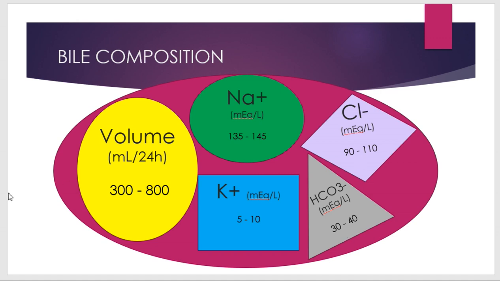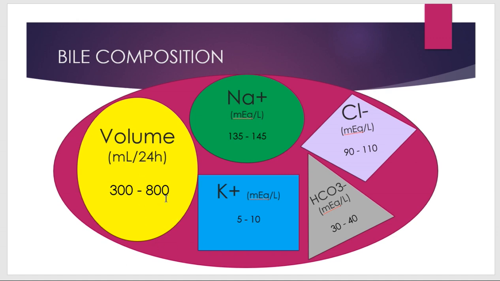Now in second slide, just focus on the relative changes in the size and shape and values of these five figures bounded by an oval one. This oval structure, the largest one, is denoting the pool of bile, the total bile that is secreted in 24 hours, right?